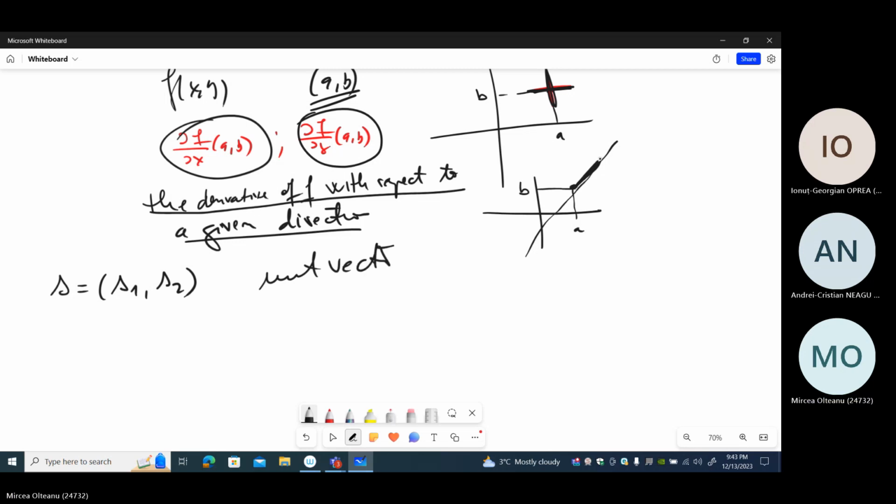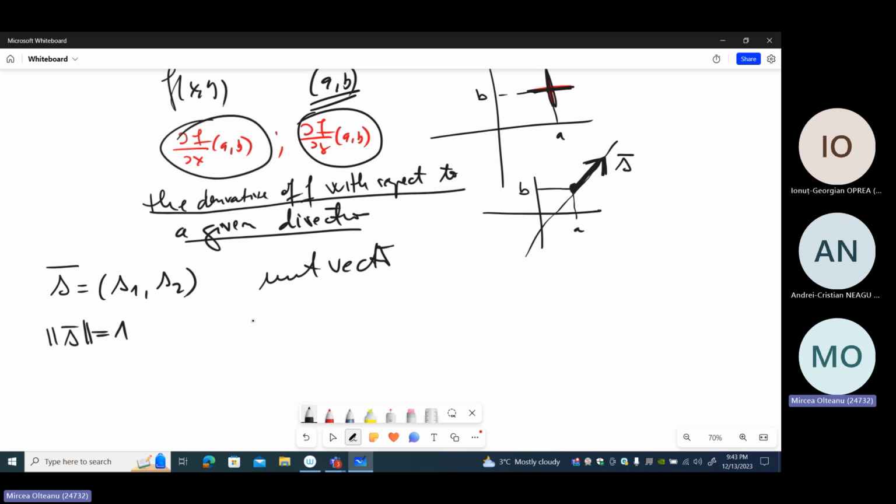This is the vector S. It defines a direction and an orientation. We shall ask that the norm of S be 1. This is the usual way we define a direction in the plane.